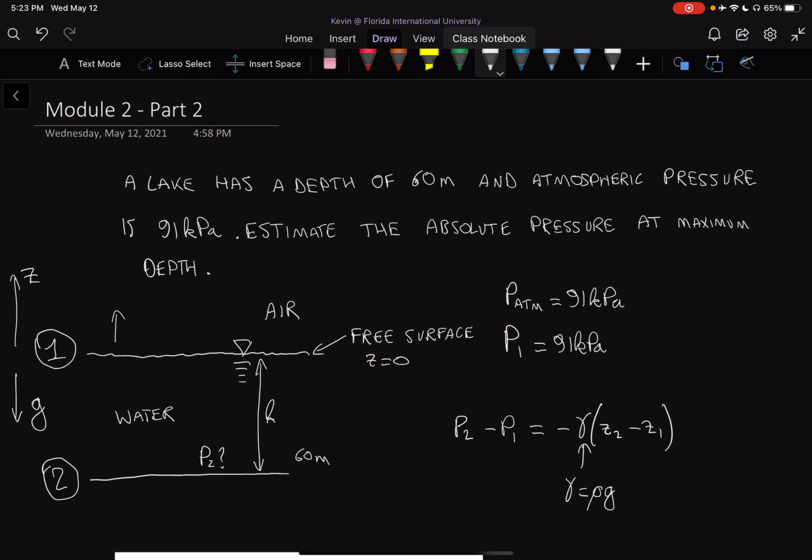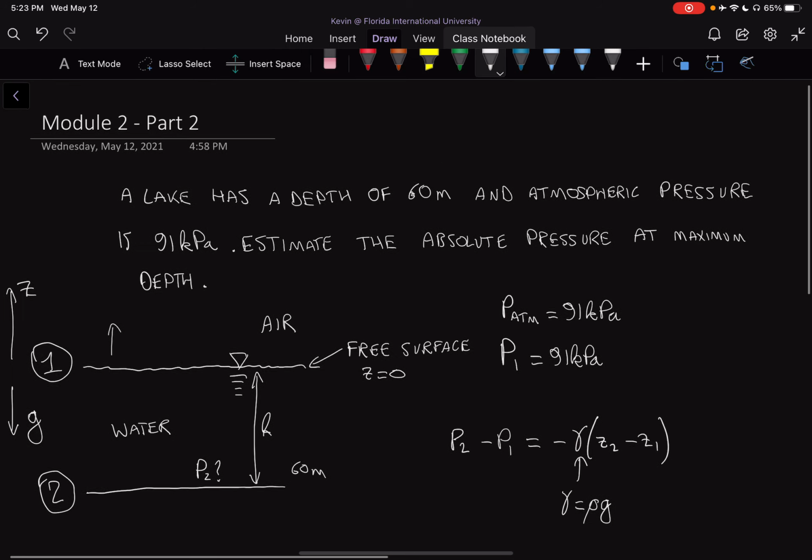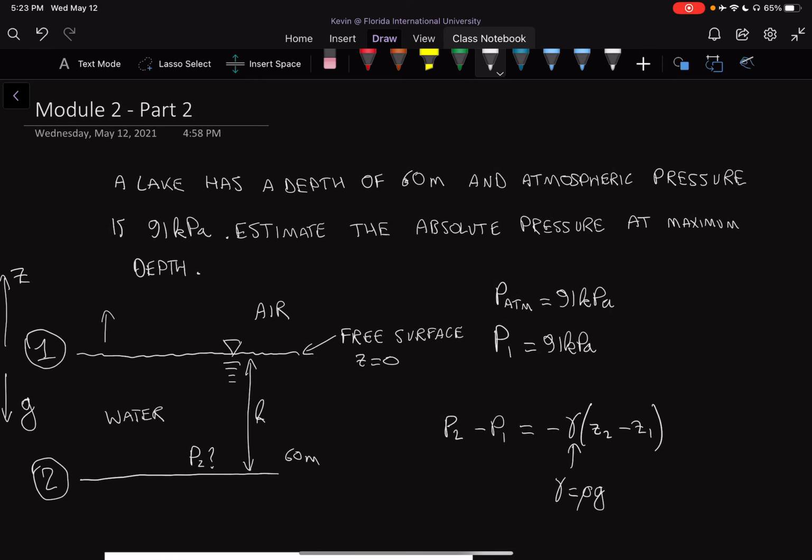Okay, so the first thing we have to do is figure out what are the different values of z. So if z is equal to 0 at the surface, so we said at the free surface z is equal to 0, then it would make sense that since z is positive in the upper direction, z2, or the height at point 2, is minus 60 meters.